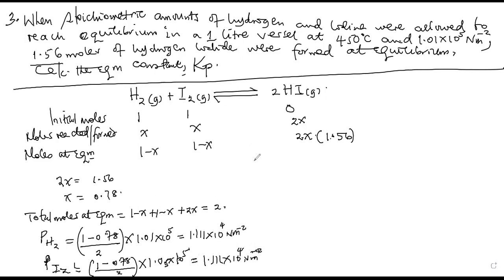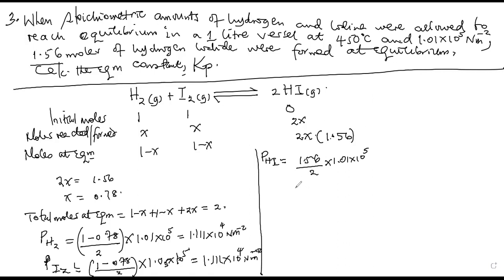Then we also get pressure of hydrogen iodide, which would be equal to 1.56 moles at equilibrium over total moles, then times 1.01 exponent 5.